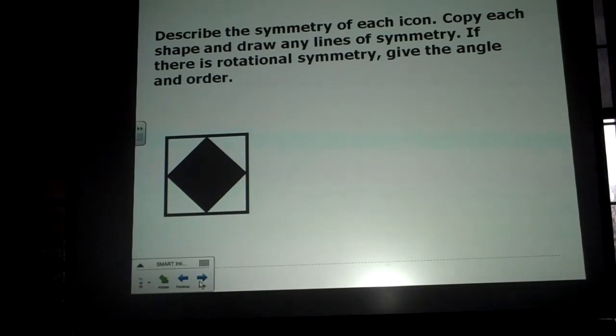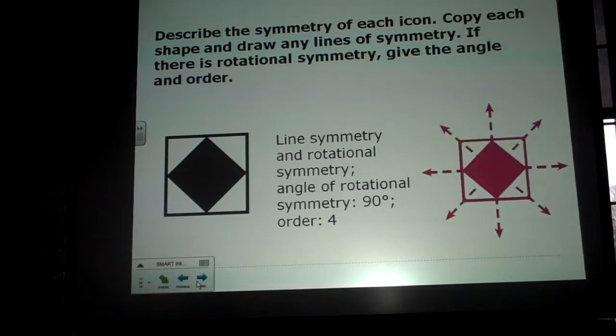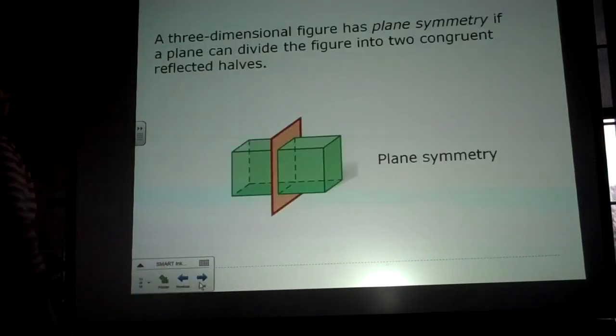All right, what about this diagram? Is there line symmetry? There sure is. So there's 4 lines of symmetry, and the angle of rotation is 90 degrees, and the order is 4.